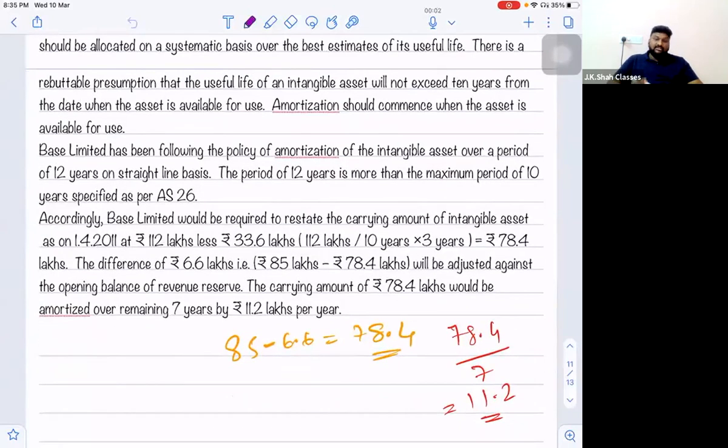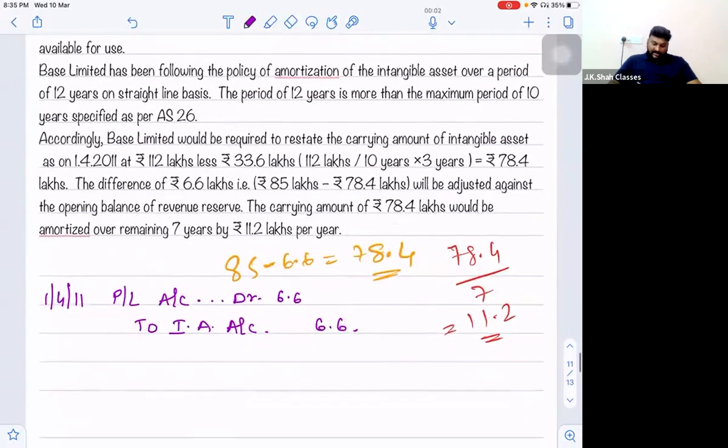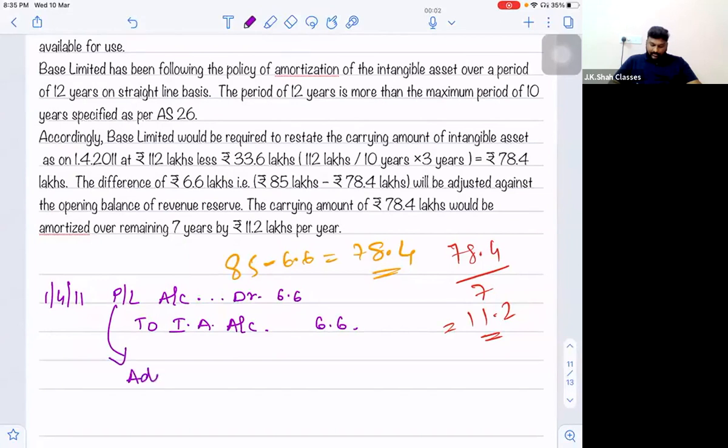And if anybody wants the journal entry for this on 1st April 2011, the journal entry will be: P&L account debit 6.6, to intangible asset account 6.6, and this P&L will be adjusted against the opening balance.